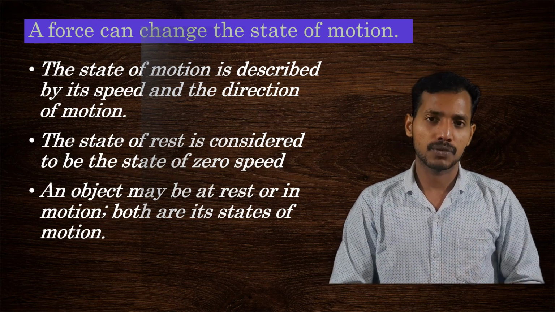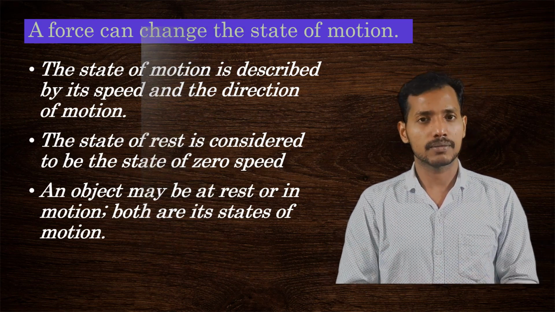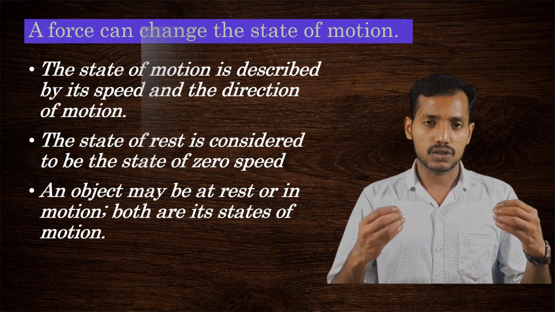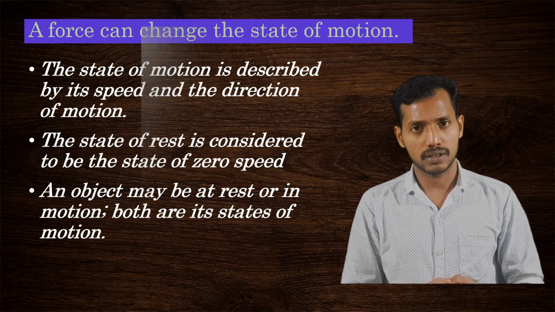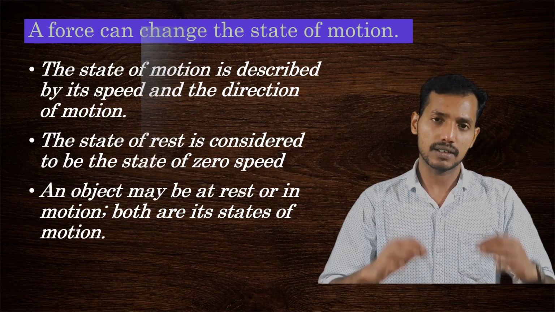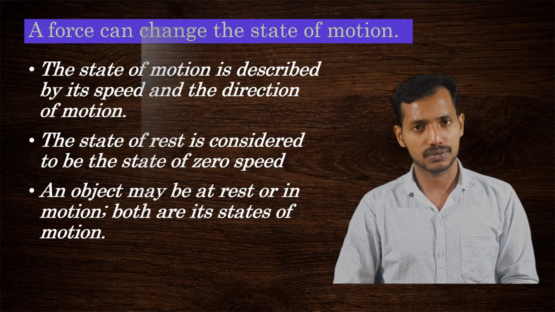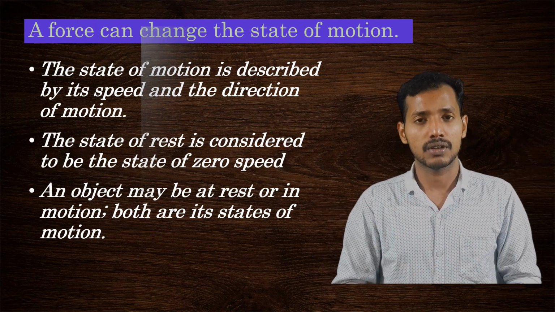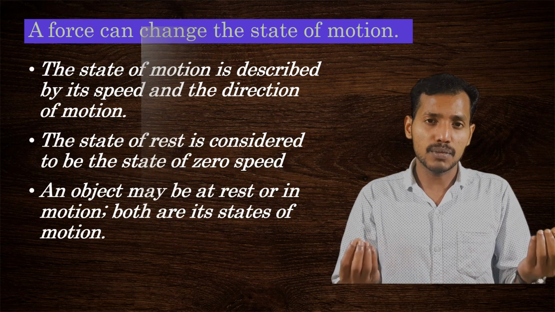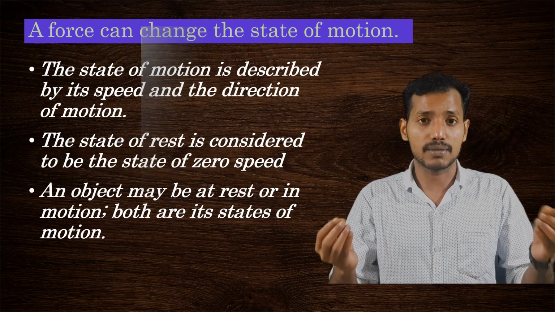For example, two vehicles are moving with the same speed, say 60 km per hour. But that doesn't mean those two cars are in the same state of motion.